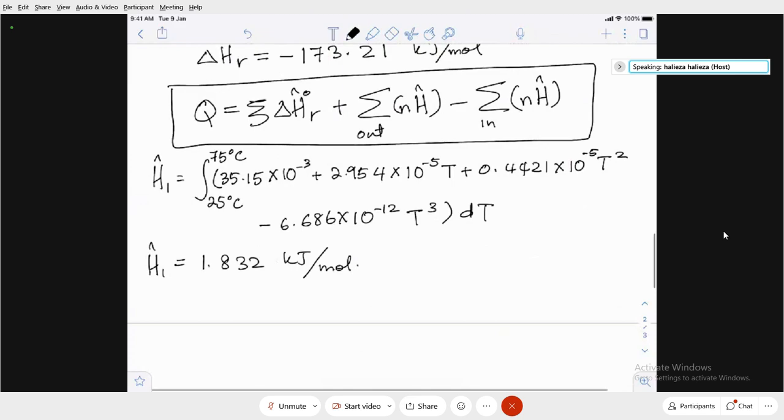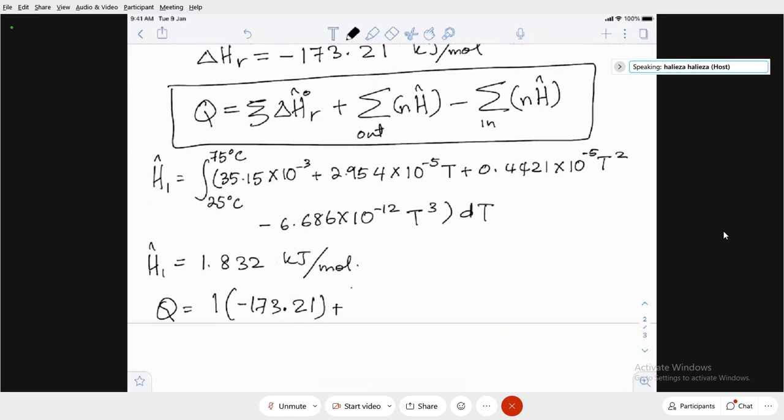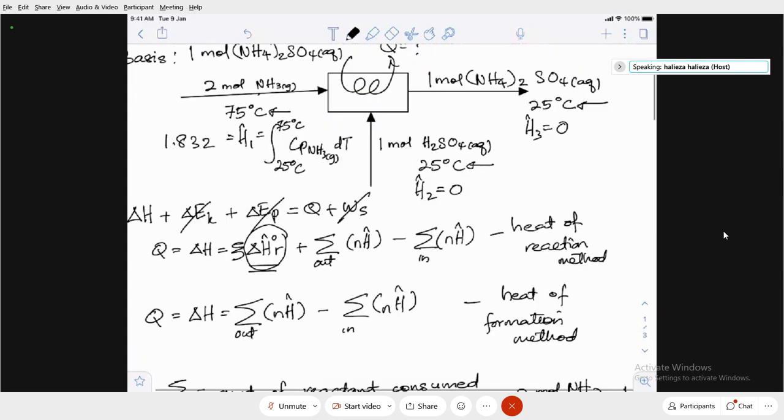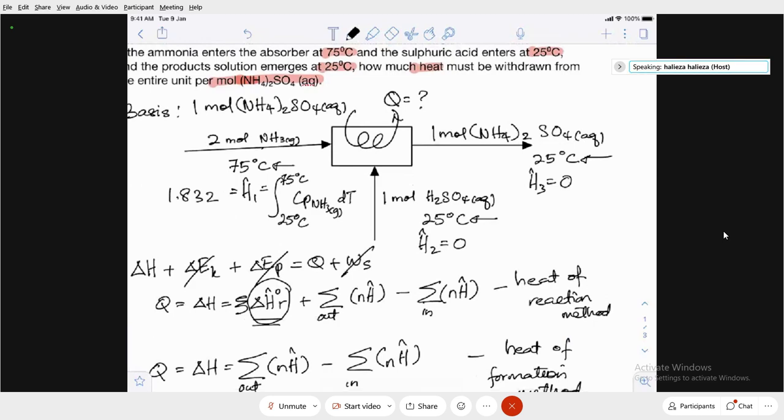So Q is equal to your extent of reaction, 1 mole. I'm not going to write down the unit. I'm just going to write the extent of reaction times your heat of reaction, minus 173.21. We calculated that earlier. So now for the out, you have 1 mole coming out, but the enthalpy is 0.